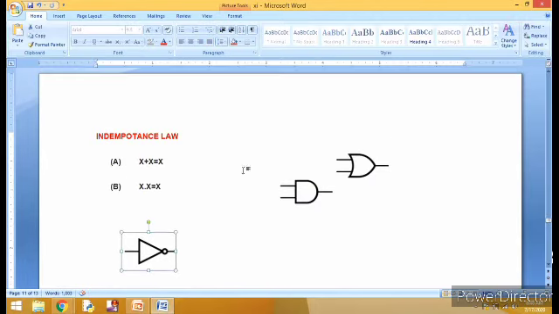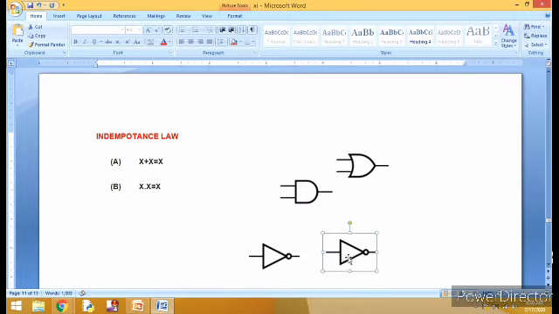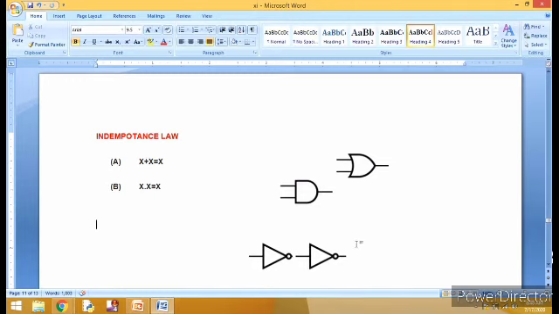Now let us check for this one. Suppose we have two NOT gates, and both the NOT gates are joined with each other.